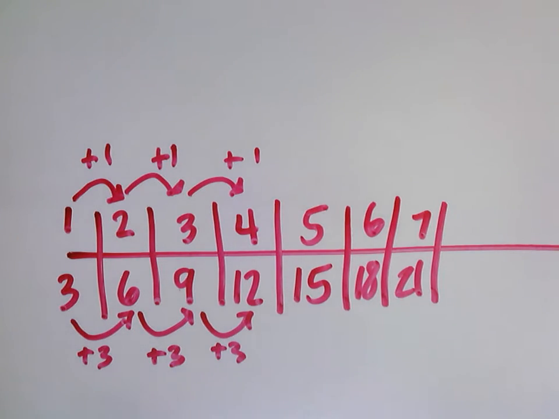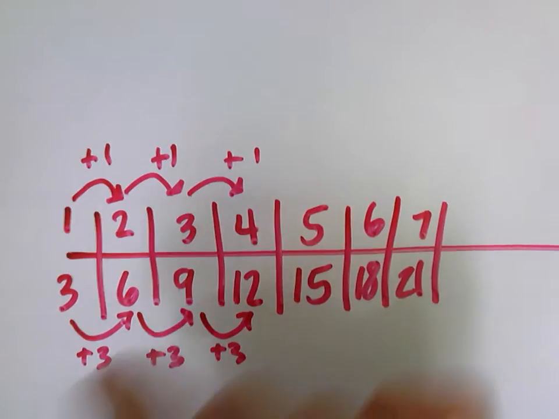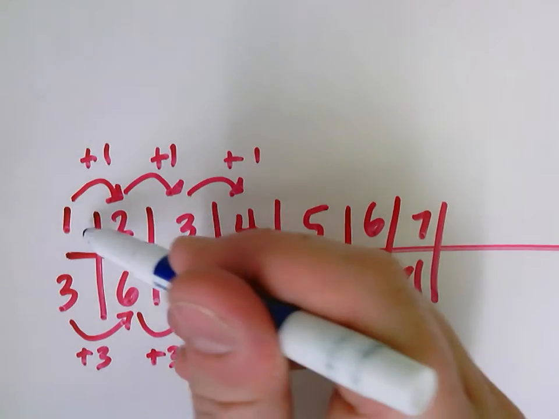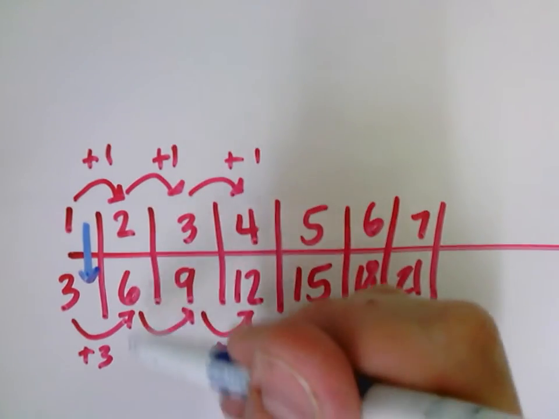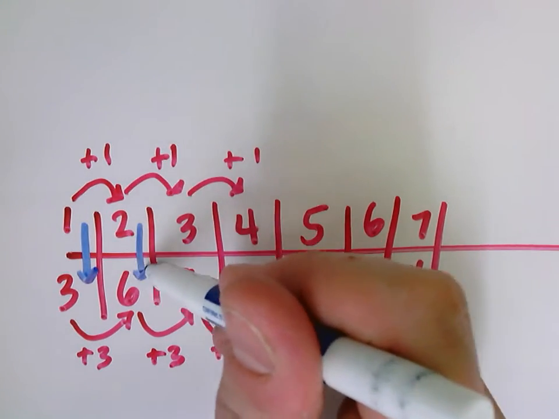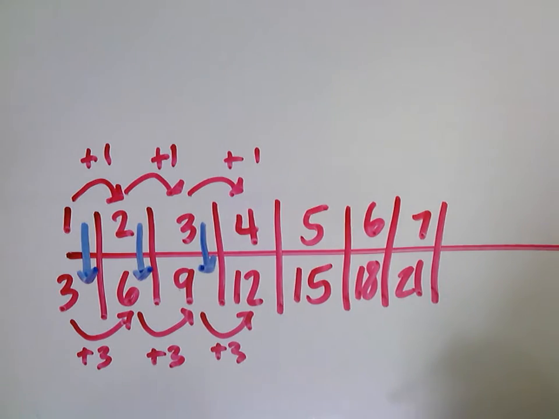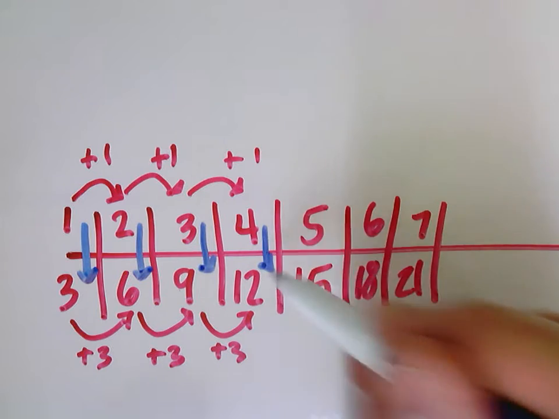But one other thing you can notice, as these each increase by 1 and these each increase by 3, there's also a relationship between the two rows. Look, if I did 1 times 3, I would get 3. 2 times 3, I would get 6. 3 times 3, I would get 9. 4 times 3, I would get 12.